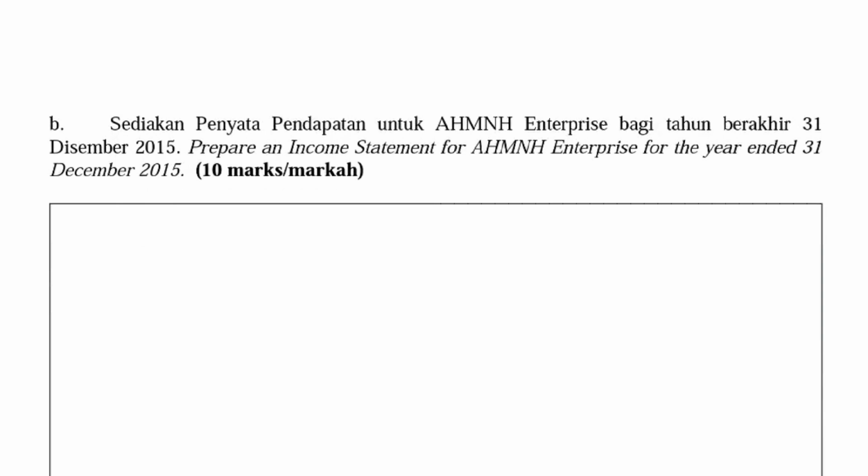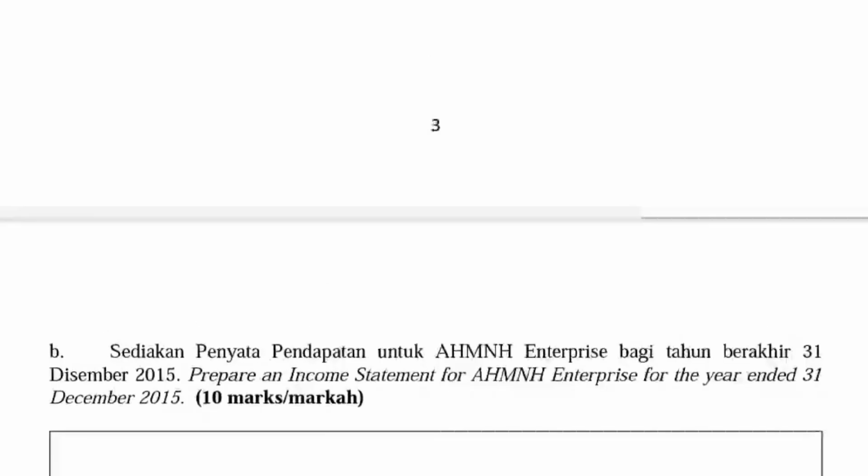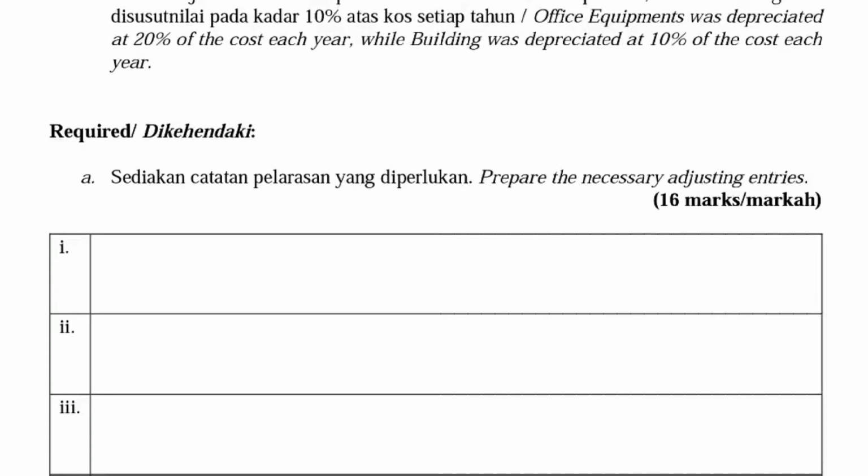And after doing the adjusted trial balance, you have to do the income statement and then the balance sheet. But this question does not ask you to prepare the adjusted trial balance. After you do the adjusting entries, the question asks you to prepare the income statement and balance sheet.